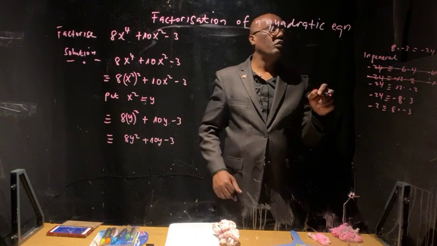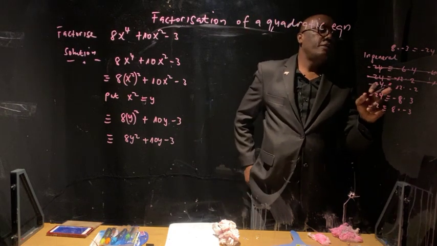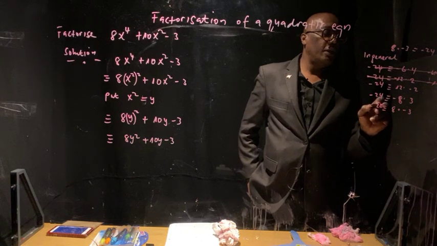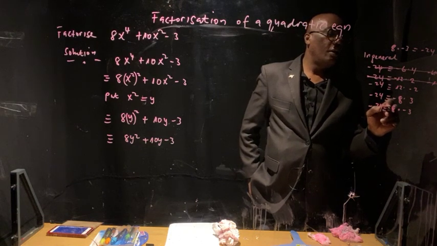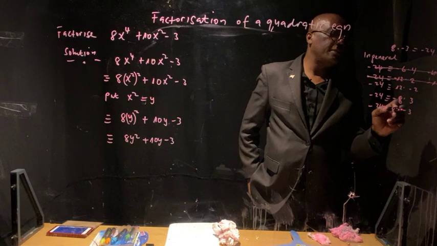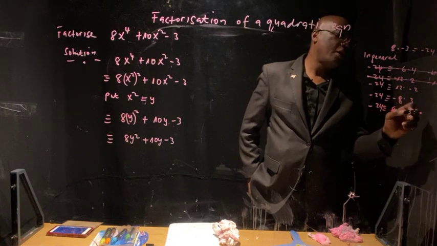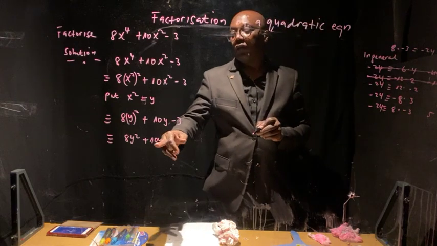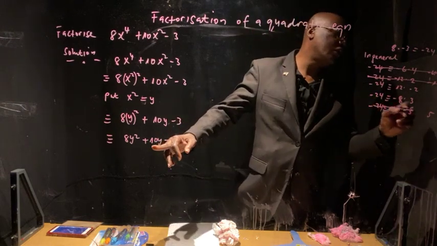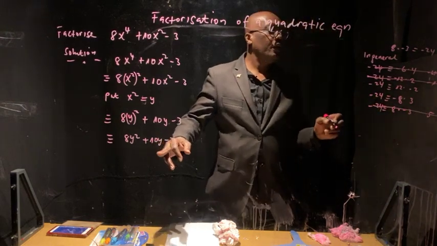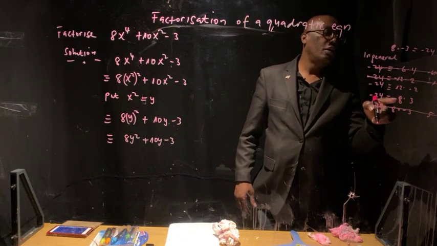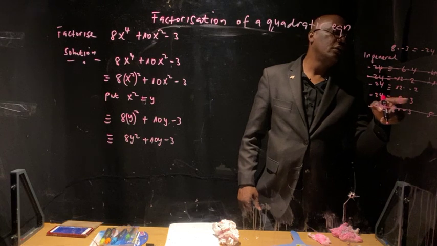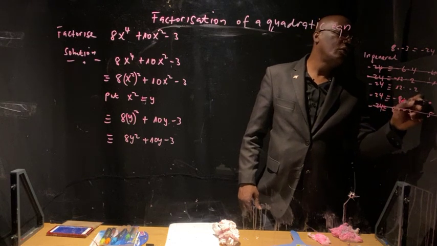Then let's try this one. If I take 8 plus minus 3, I will have 5. Is the coefficient of y 5? Oh no, this is ruled out. We don't need it. Then let's try this one. Minus 8 times 3. If I add minus 8 to 3, I will have minus 5.